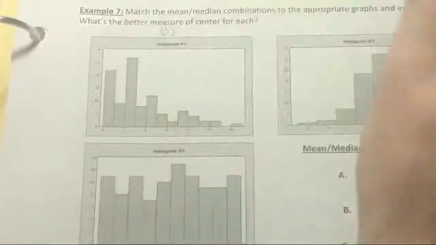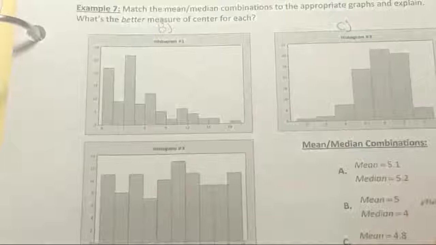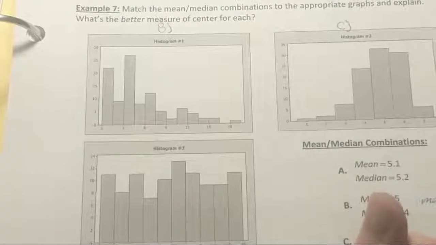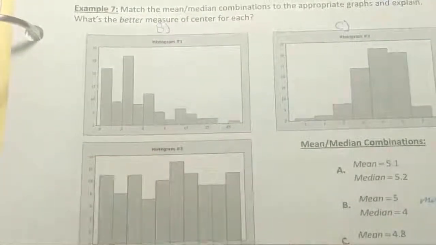So there's going to be an outlier, that's right here. And then this is, of course, going to be this one, where the mean is less than the median. And so this is going to be A, B, C. Okay.